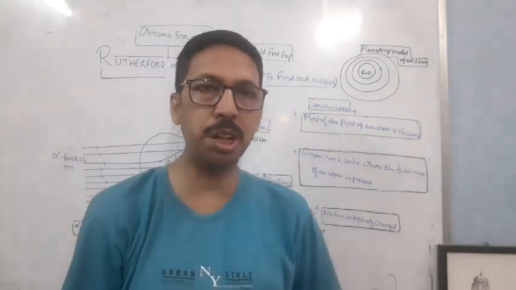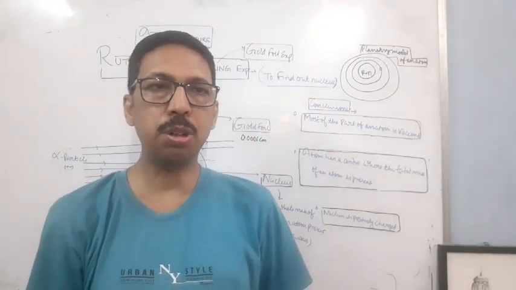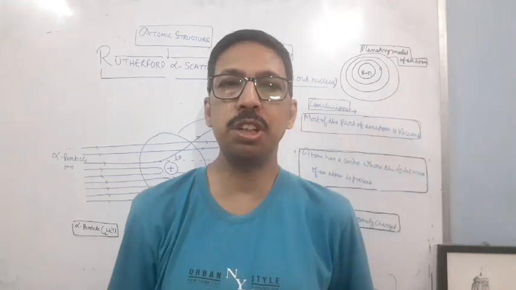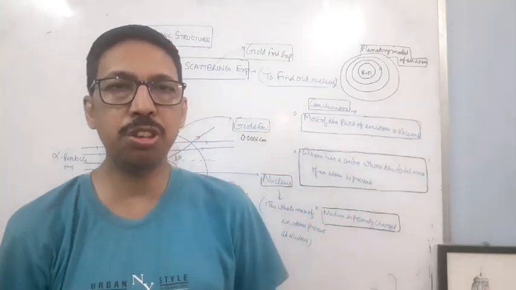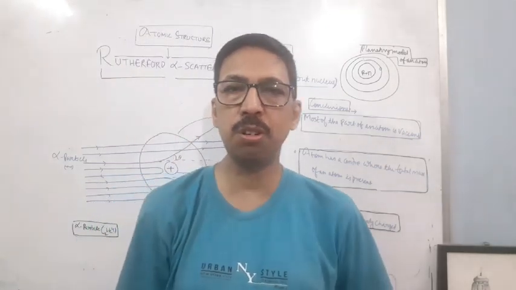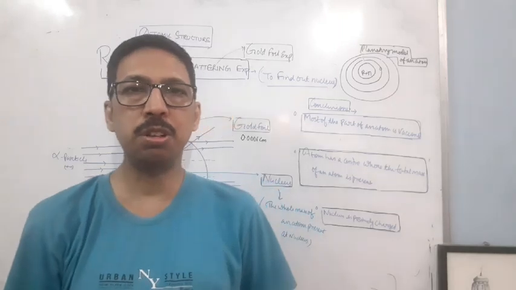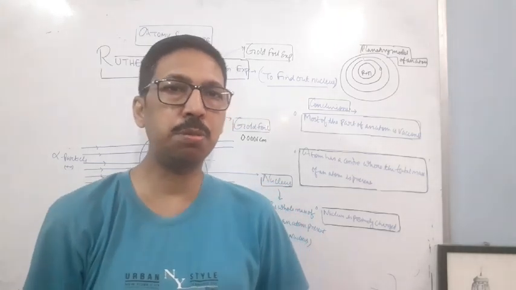So these two demerits are very important to understand. The first one is that Rutherford did not mention the exact number of electrons in a particular orbit or circular path.